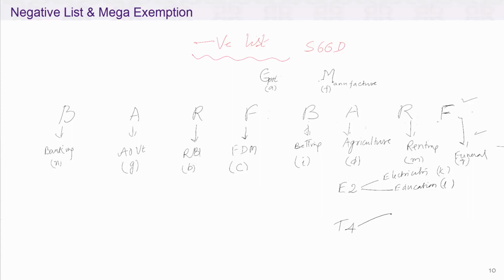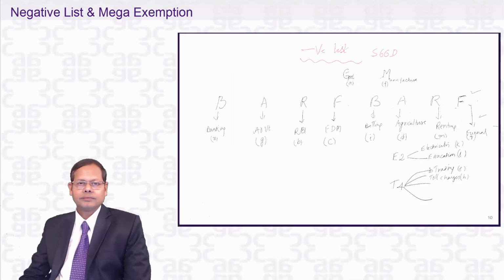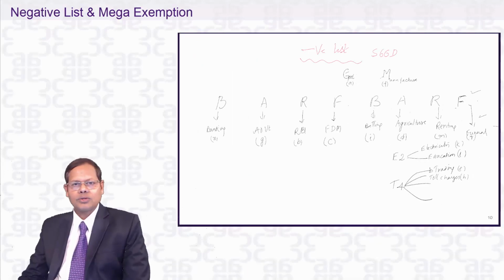And T4, there are 4 T's. One is trading. Trading activity is under E, I suppose, clause E. And toll charges, collection of toll charges, that is under H. Keep doing, you will also remember.